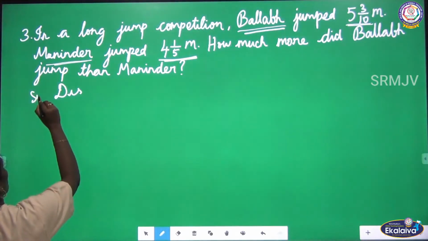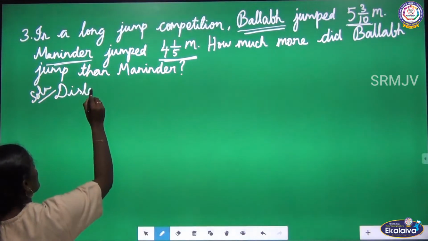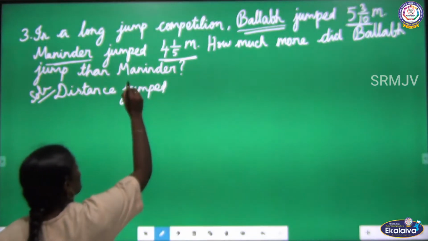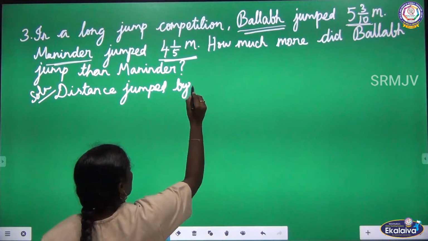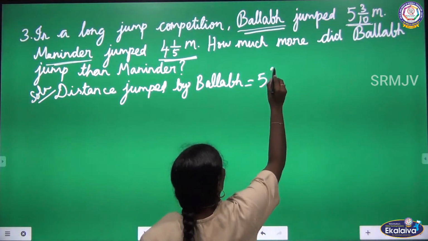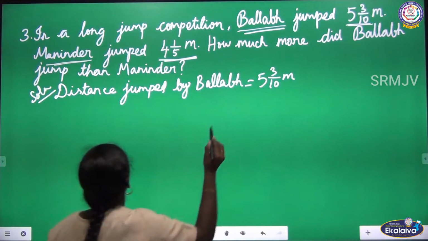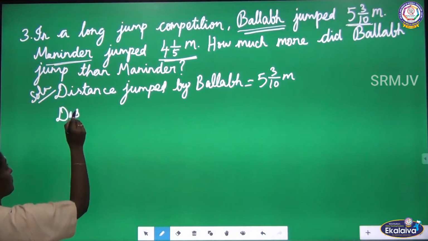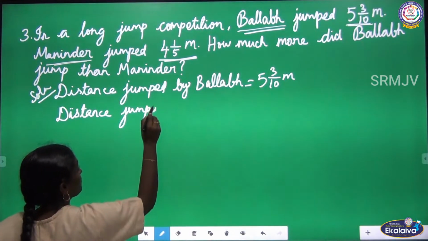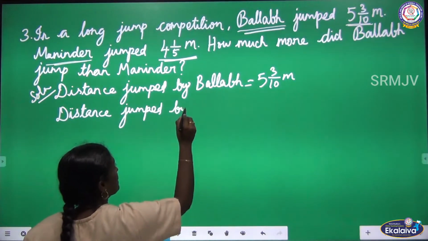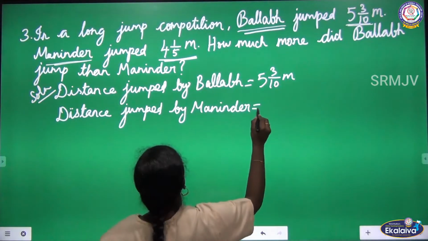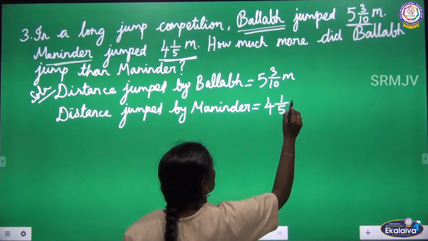So, solution: distance jumped by Ballab is equal to 3 by 10 meter and distance jumped by Maninder is equal to 1 by 5 meter.